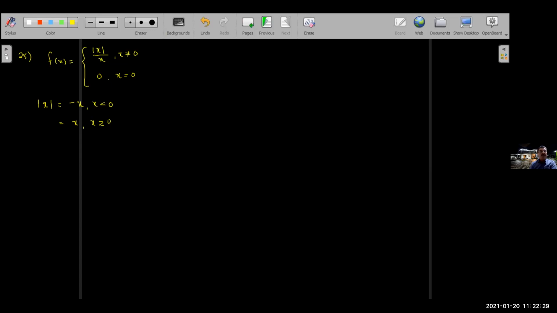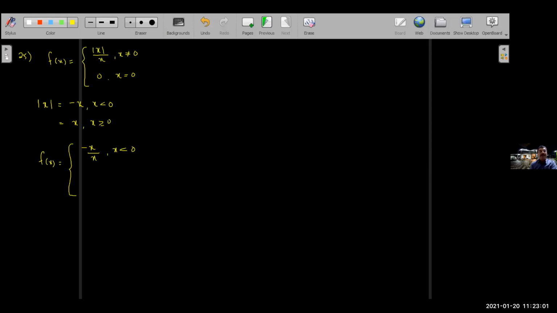See how we are redefining this function. Here it is given x not equal to 0, and x equal to 0. So x not equal to 0 means x can be less than 0. If x is less than 0, this modulus x becomes minus x. So this is minus x by x if x is less than 0.